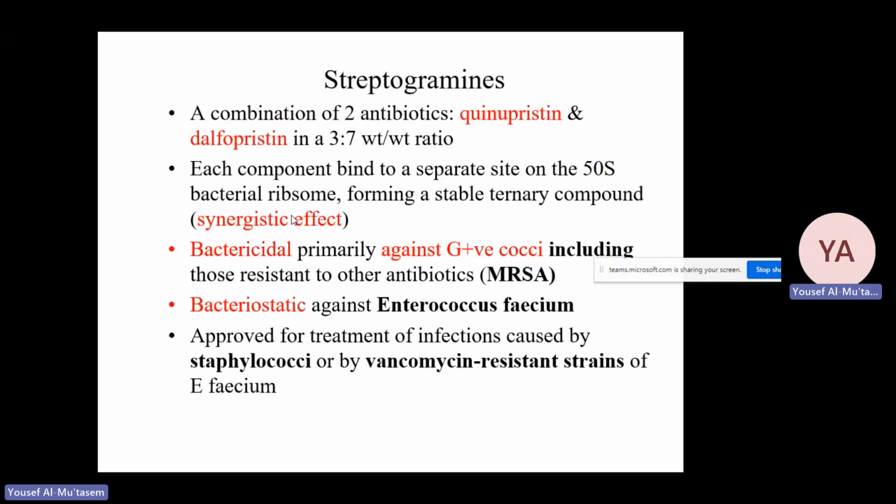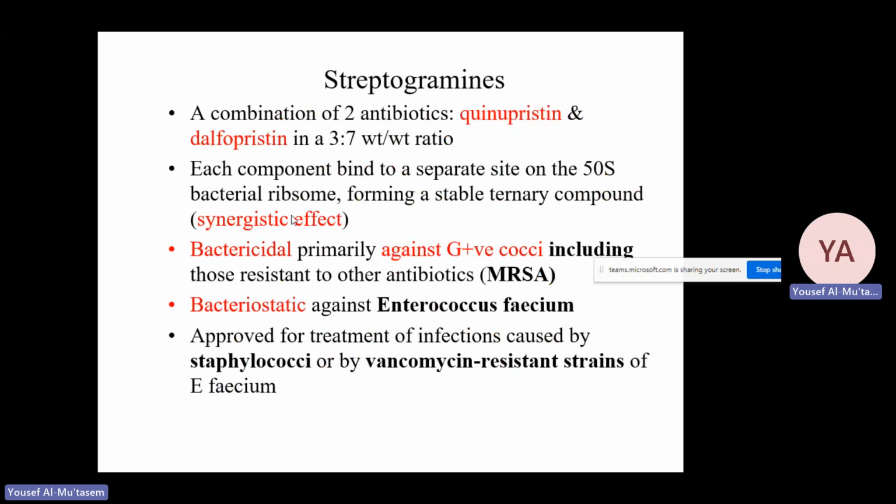So the linezolid and streptogramins are important because they are the last thing we use in order to combat and eradicate MRSA, vancomycin resistant Staph aureus, and vancomycin resistant Enterococcus faecium.